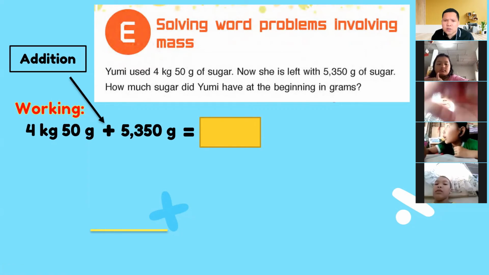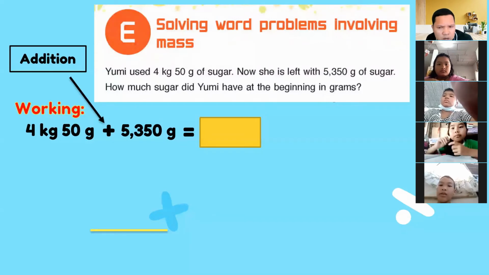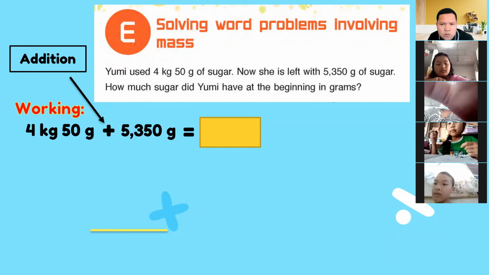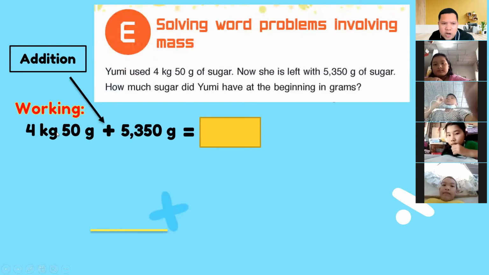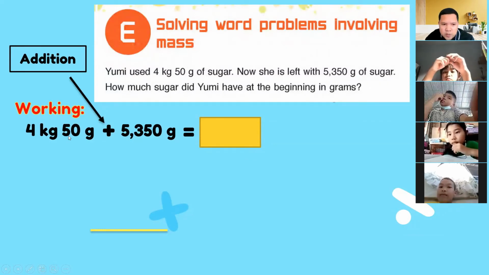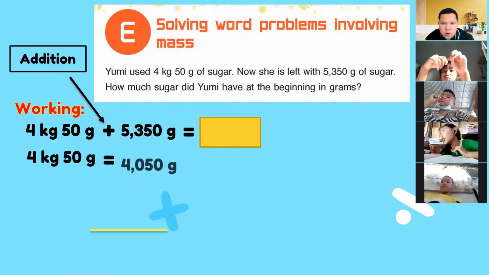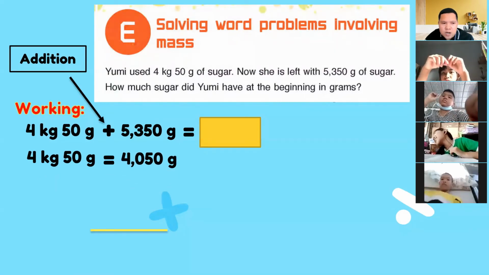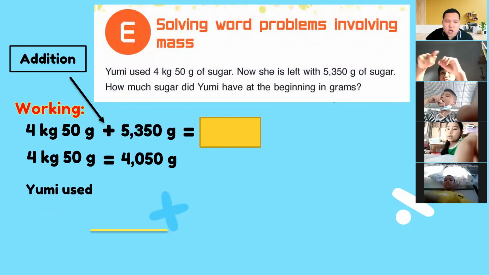Yes or no? Are you sure? Not yet, because you need to make the 4 kilogram and 50 gram into gram, like this one. It is equal to 4,050 gram, right? So this time you can solve now.